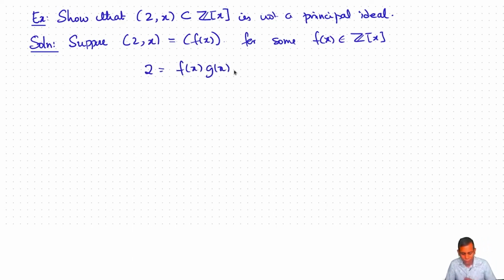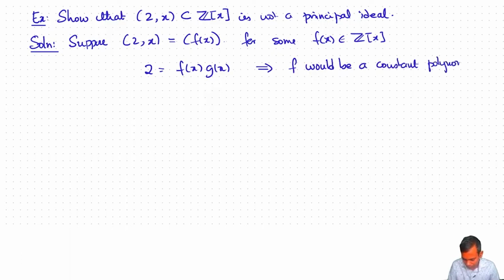So the degree of 2, which is 0, would be the sum of the degrees of f and g. Therefore, f would have to be of degree 0, which means that f would have to be a constant polynomial. And moreover, f would be equal to 1 or f would be equal to 2 because it would have to divide 2.